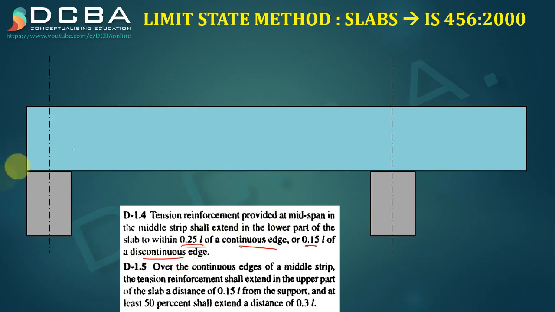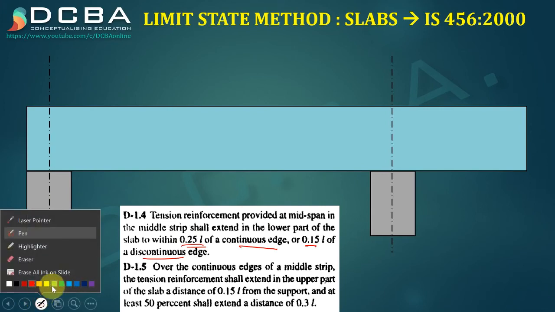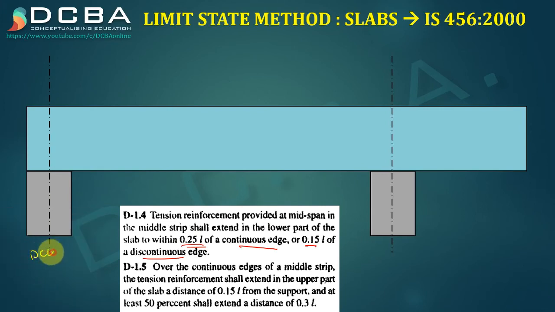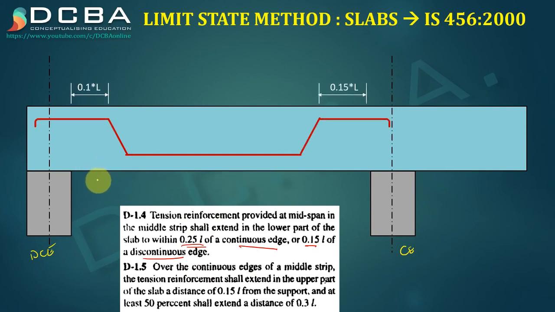So here in this slab, this is a discontinuous edge, and this is a continuous edge, and what it is saying is that this tension reinforcement has to extend to a length of 0.15 L in the discontinuous edge, and to a length of 0.25 L in the continuous edge.